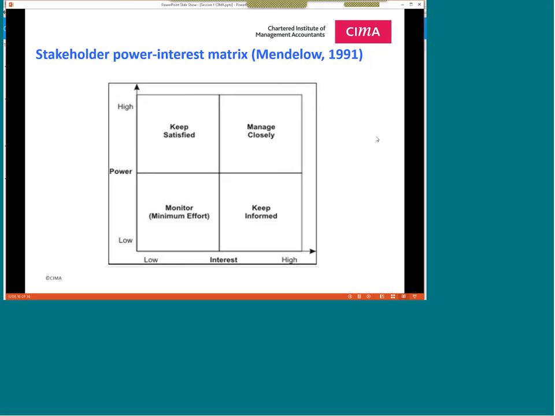And as you can see, in this particular matrix we are plotting the stakeholders that you identified into different parts of the matrix based on the level of power and interest they have in this particular business. So who would you put from the stakeholders we just discussed into the bottom left?